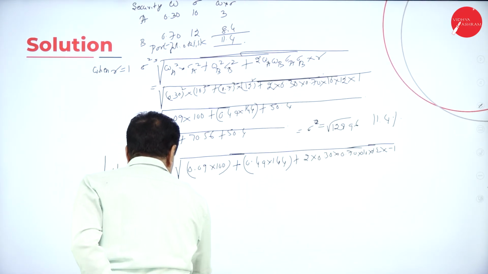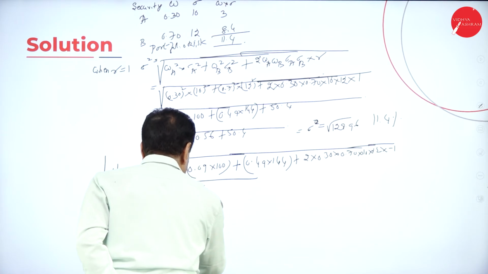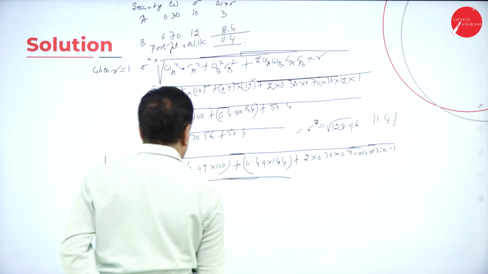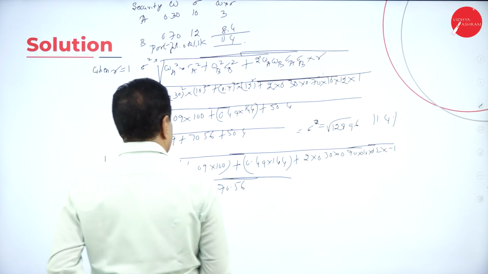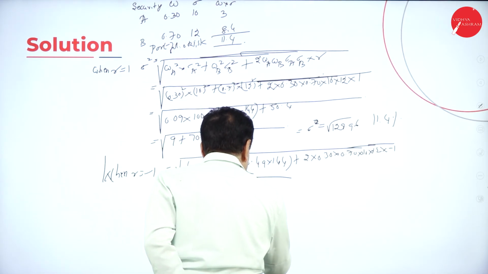This is 9 plus 70.56. This becomes minus 50.4.